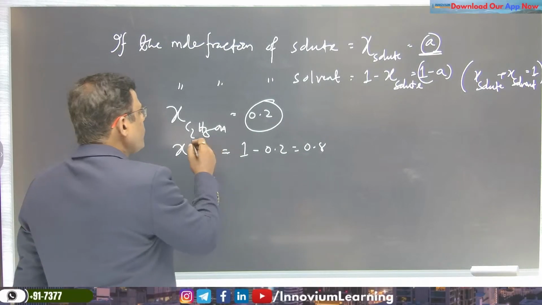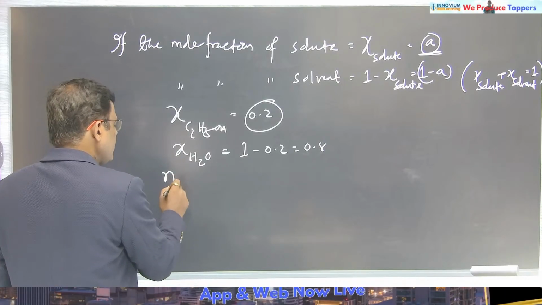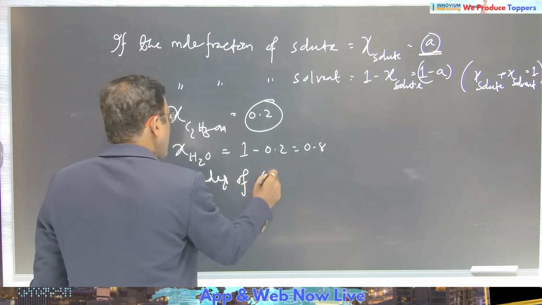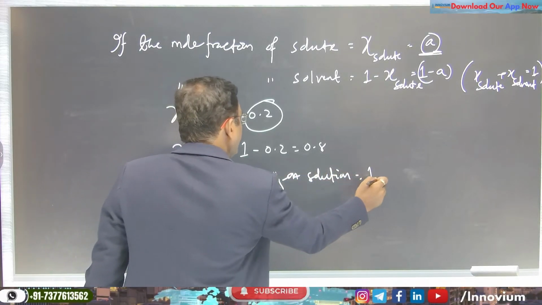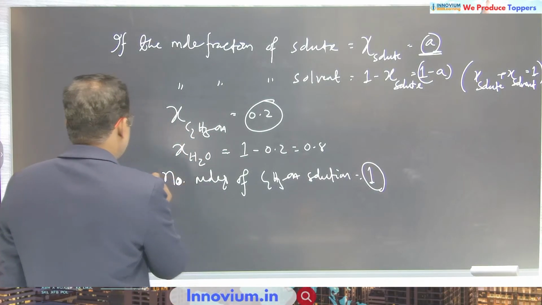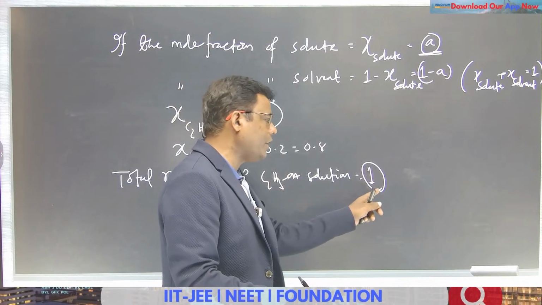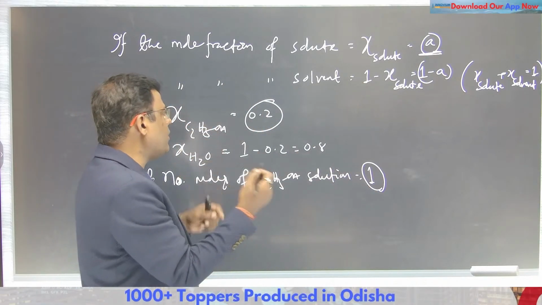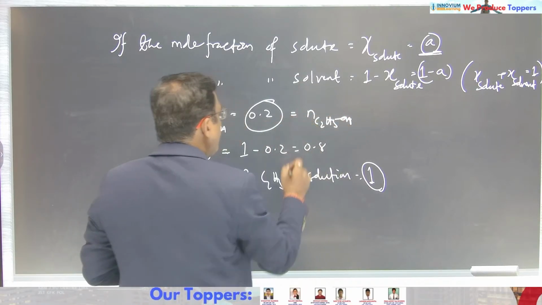So if we take 1 mole total of ethanol solution, the number of moles of ethanol is 0.2 mole.